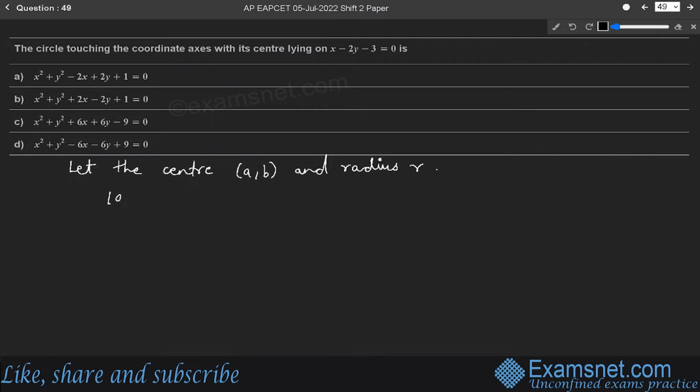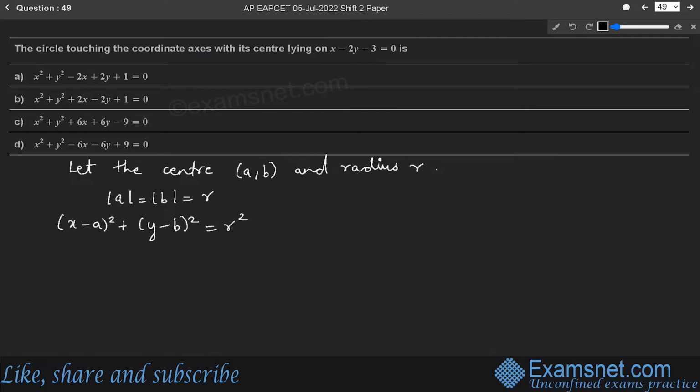Therefore, we can write that modulus of A will be equal to modulus of B will be equal to R. So the equation will be in the form x minus A square plus y minus B square is equal to R square. A and B satisfy the equation because it is the center.